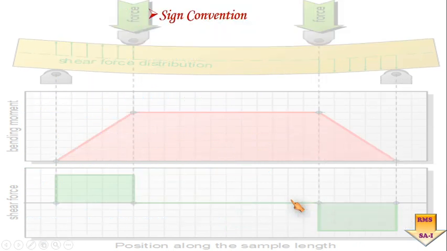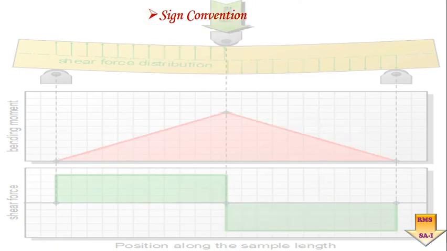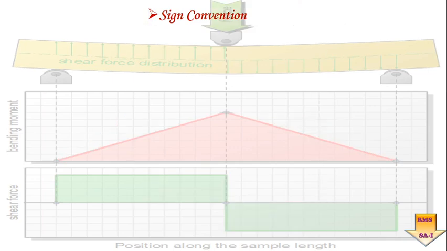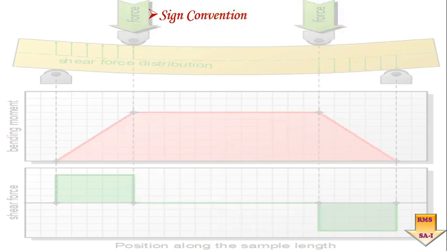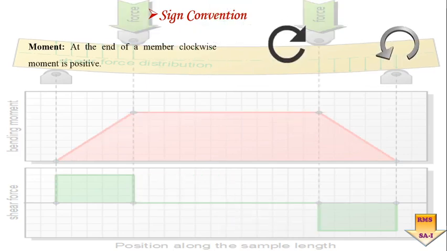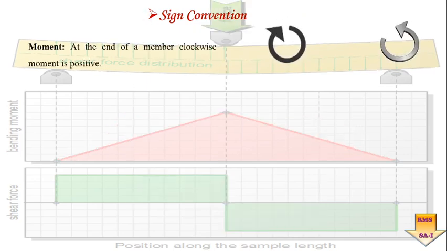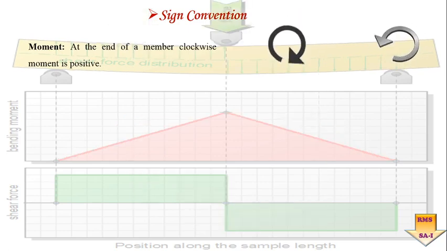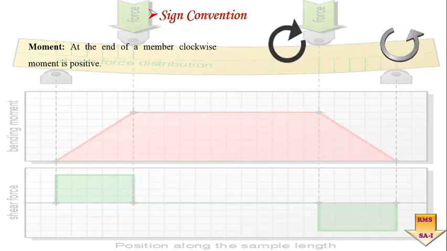Let us move ahead and understand the various sign conventions which we will be following throughout while understanding this slope deflection method, and these are usually the universal sign conventions. Let us talk about the first, that is the moment. We are going to have certain reactions and loadings for which we have to take the moments.